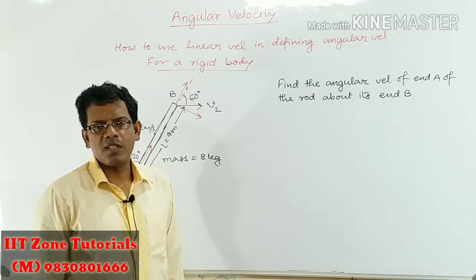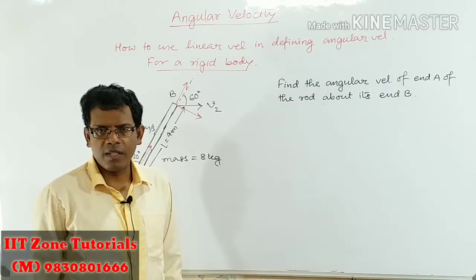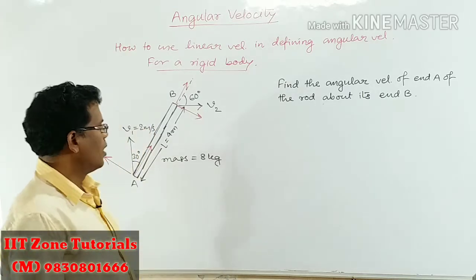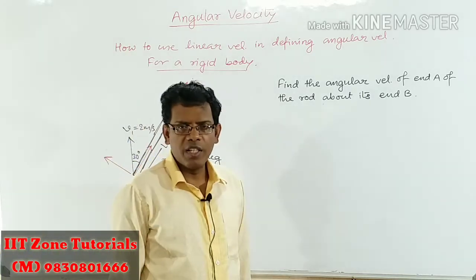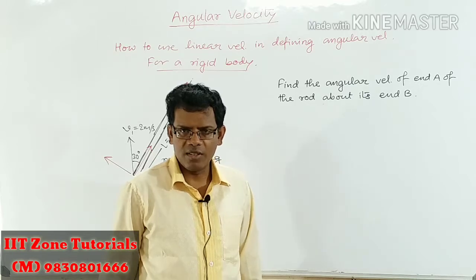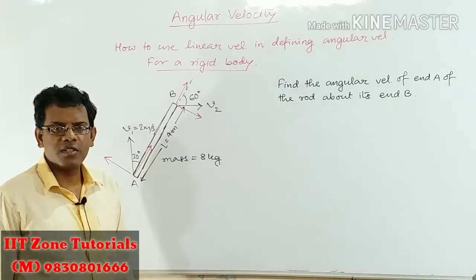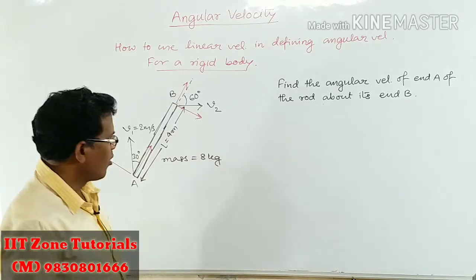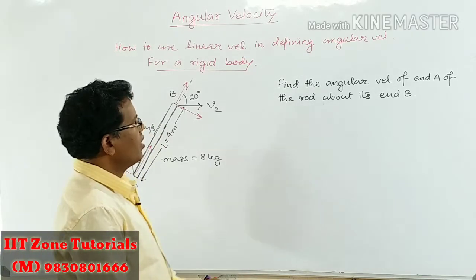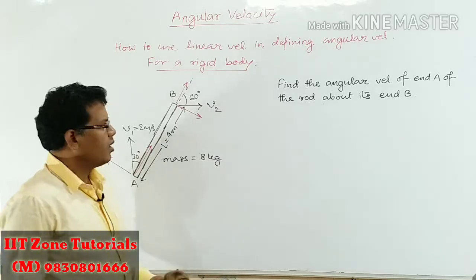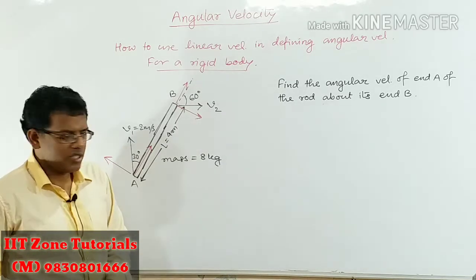Suppose only the translatory kinematics mechanism is given, and the information about the body is only in terms of linear velocities. So by using the linear velocity, how can we reach the term of angular velocity? We need to learn this concept, so let's have a discussion on this.